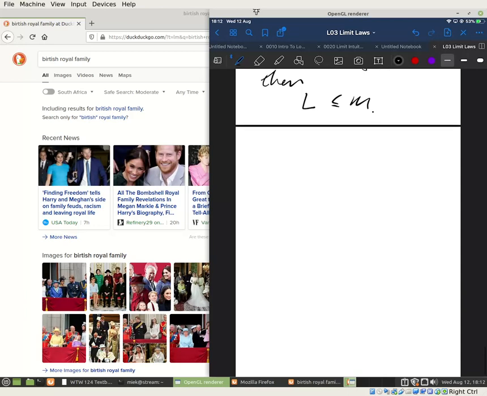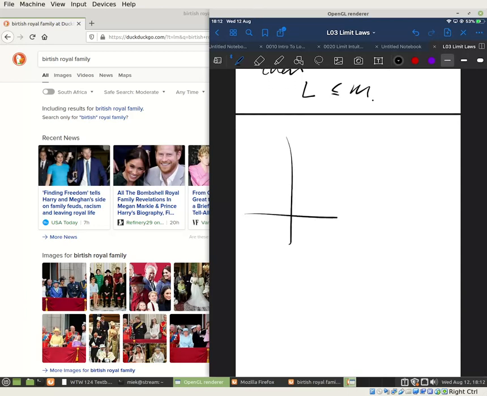So let's just make a little intuitive sketch here of what is going on. So let's say A is over there, and we've got two functions. So f is like so, L is over there.